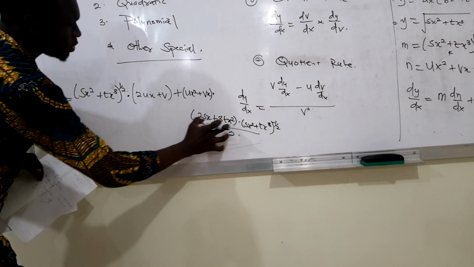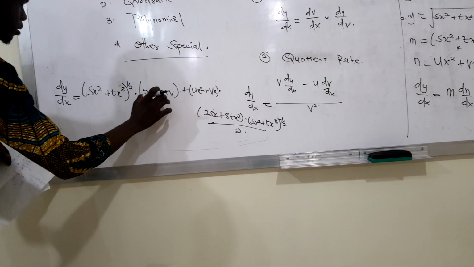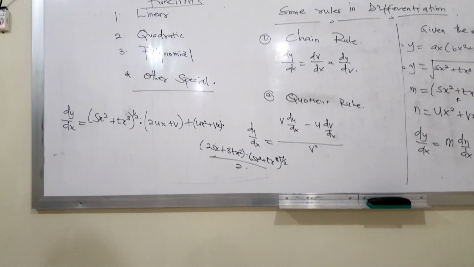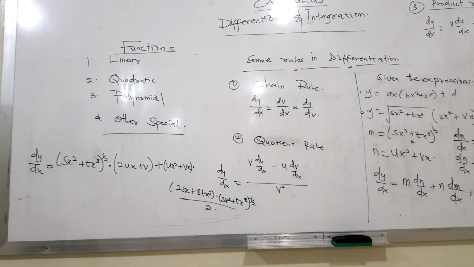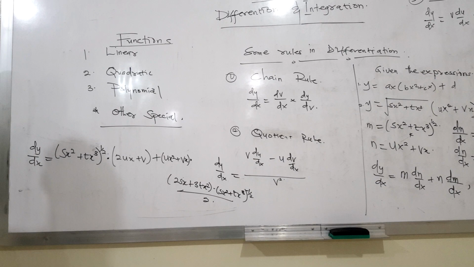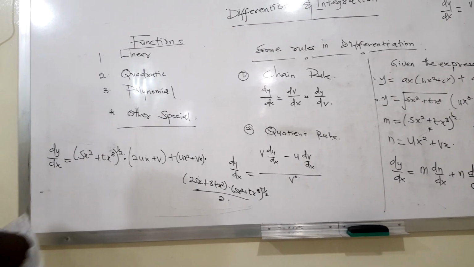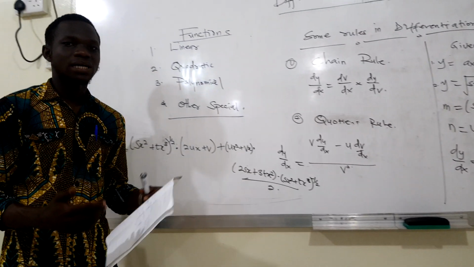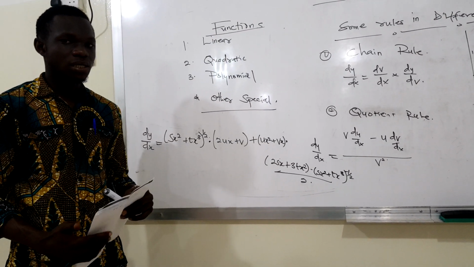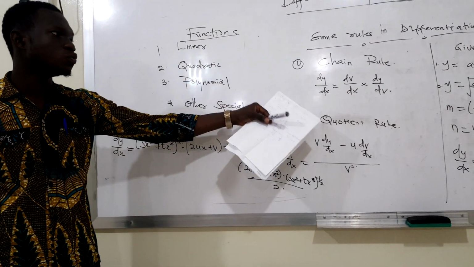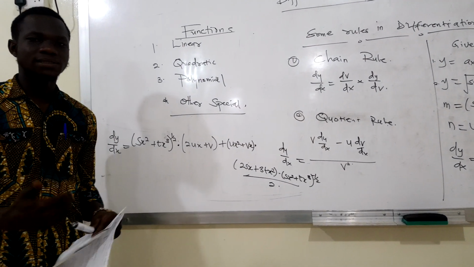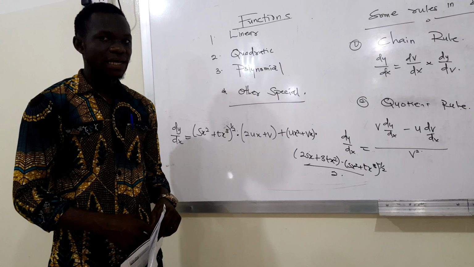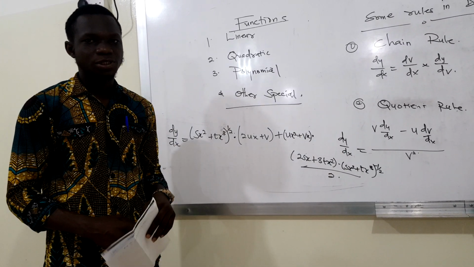So this expression is multiplying this, then there's this. So you can rewrite them and then do some cancellation to get a minor expression. That is how complex some expressions can be in differentiation. That is why we need these rules to assist us to do the derivatives for those complex or special expressions.